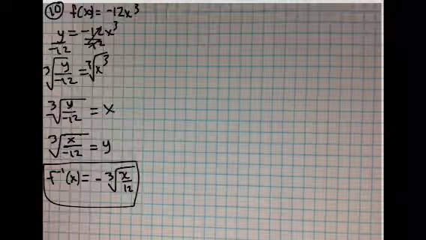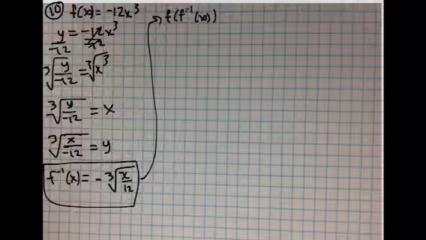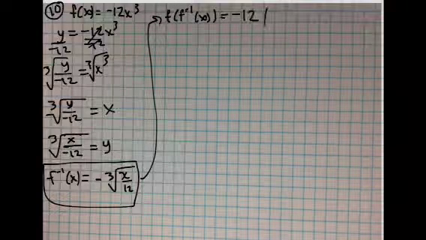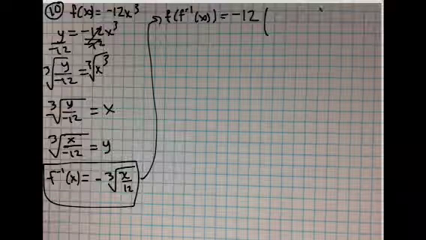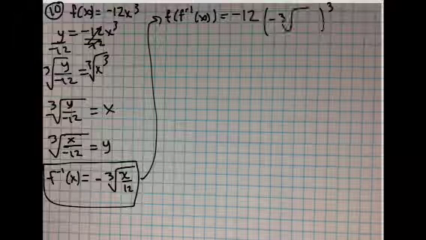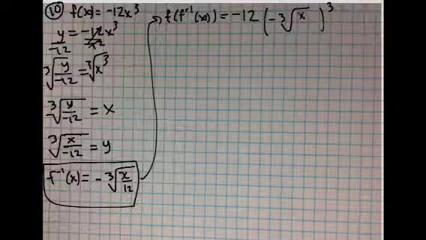So now we're going to show that it is the right answer. So using composition, f of f inverse of x. So we start off with f of x, so that's negative 12, and then in parentheses cubed. So in the parentheses I'm going to put in negative cube root of x over 12.